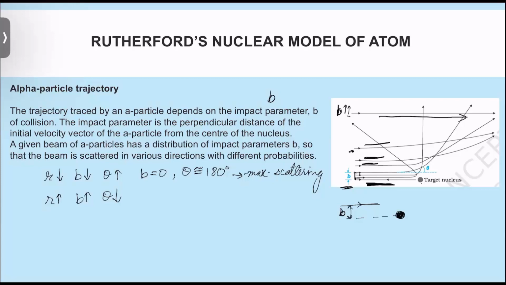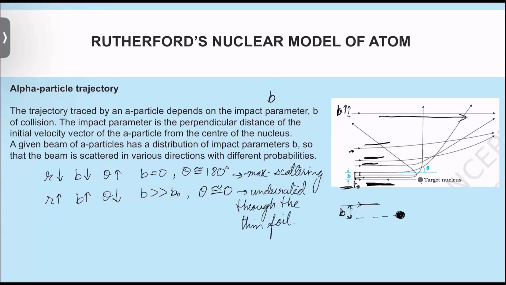So if b is much, much greater than, say, b0, your theta, or scattering angle, is going to be 0. That is, it will go undeviated through the thin foil.